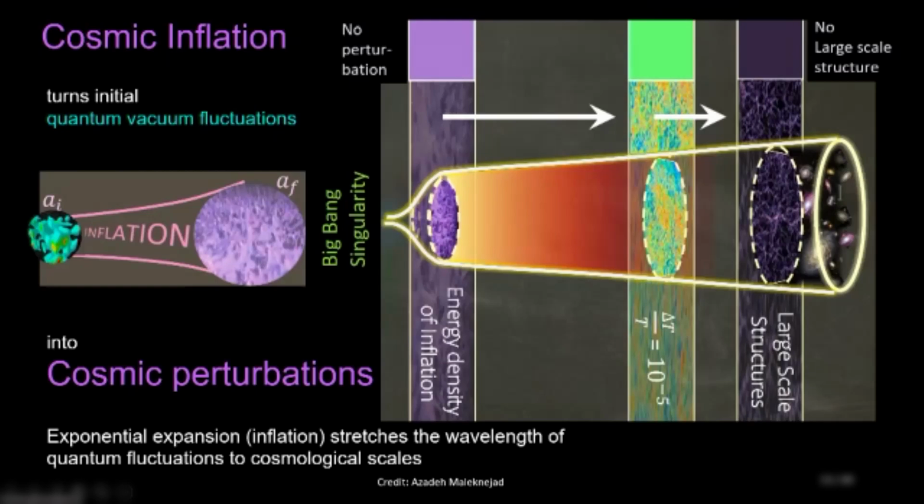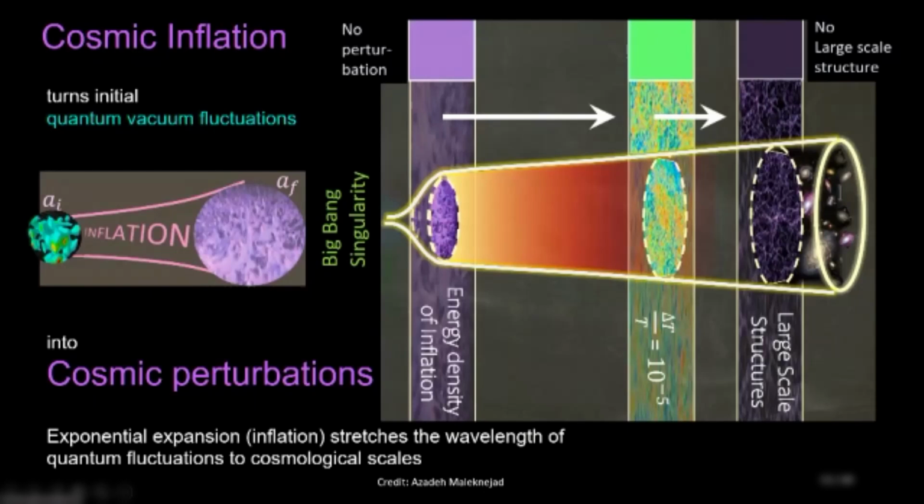If we assume that there was absolutely no structure back then at time zero or immediately after time zero, no perturbation would exist after inflation. That means no perturbation, no large-scale structure today. We would not be here today if the universe after inflation didn't have a structure.